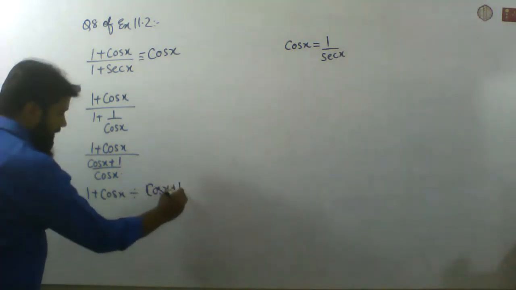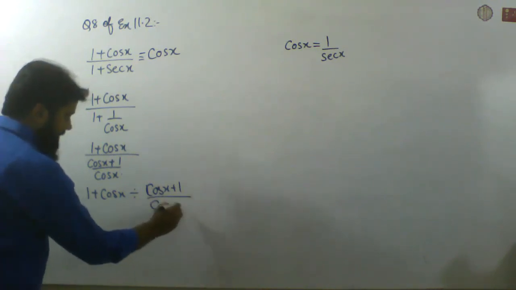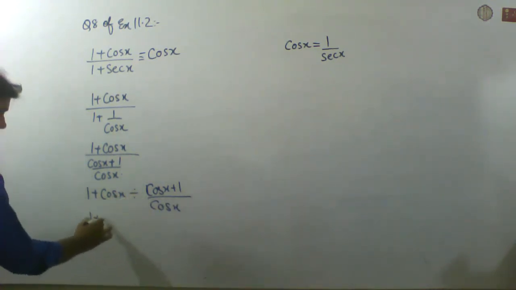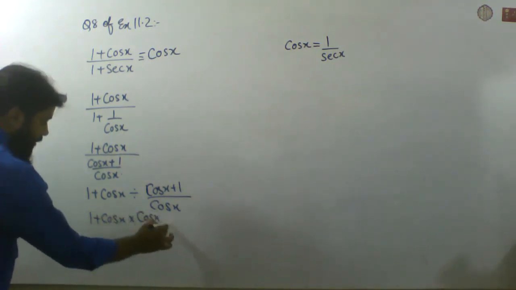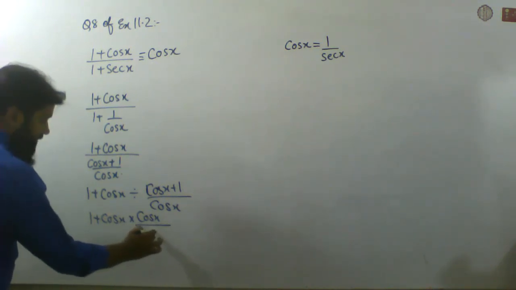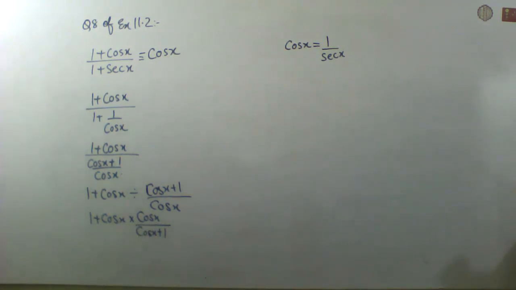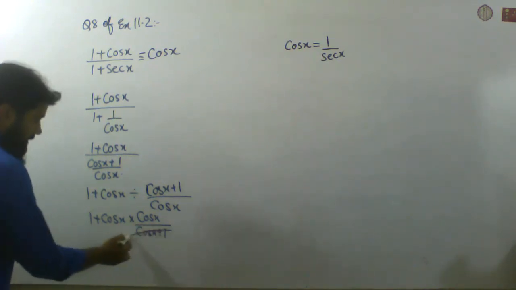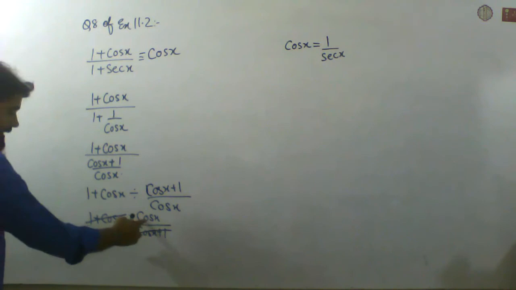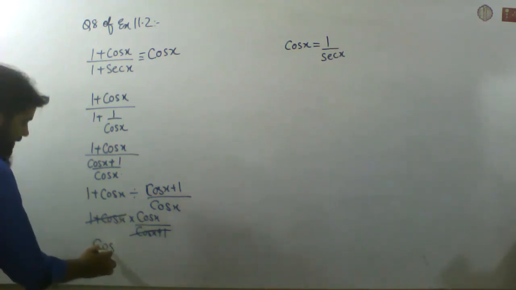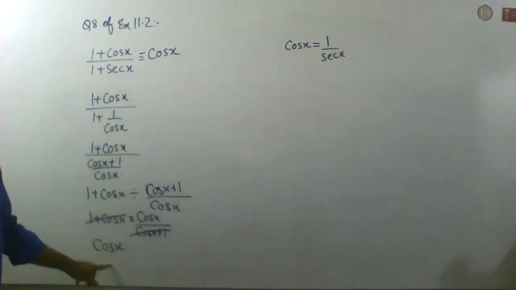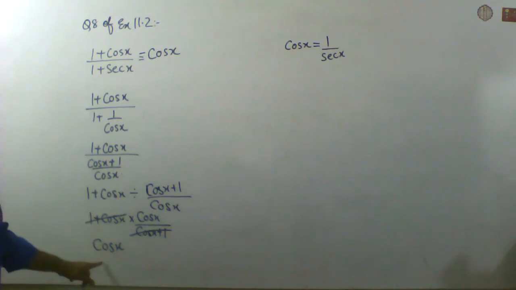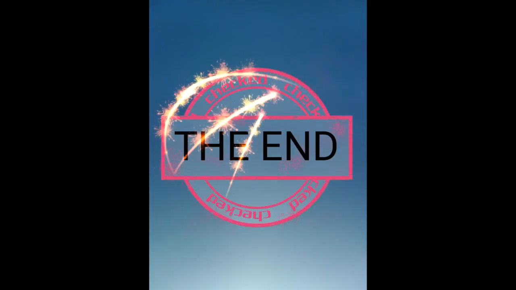Changing divide into multiply, the fraction after the sign will be reciprocal. So 1 plus cos x will cancel, and the final answer is cos x, which was to be shown. I started solving from here and got to cos x. That's your answer.